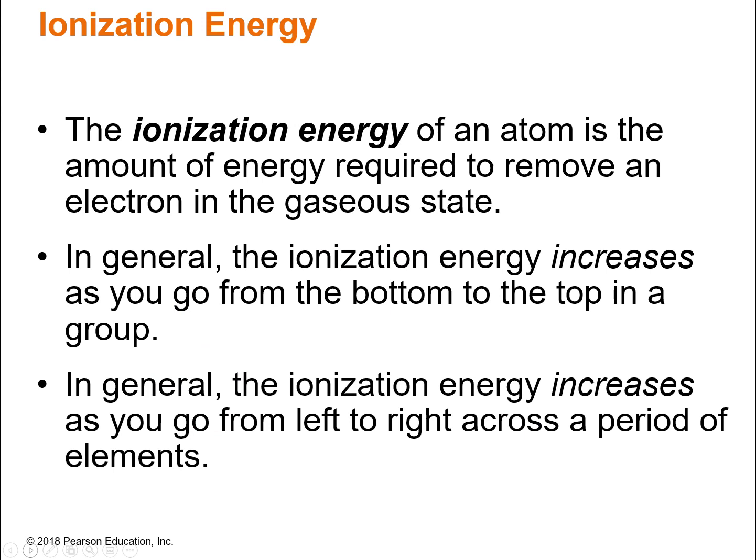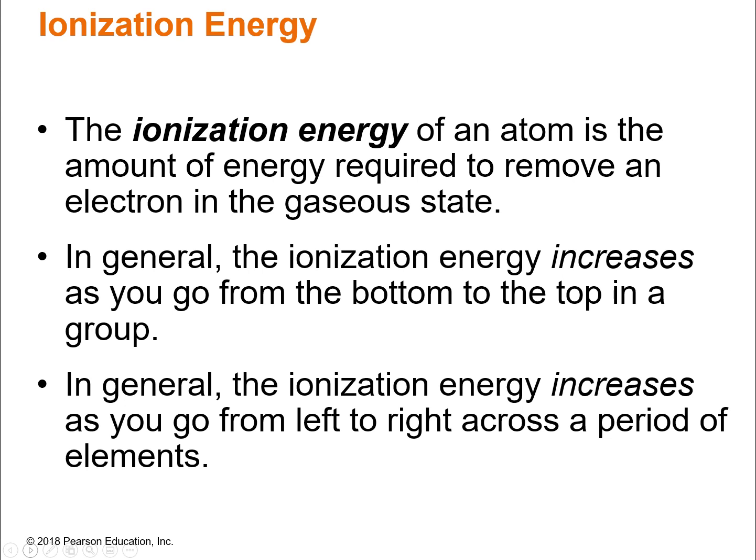So now that we've built up our understanding of the noble gas configuration and valence electrons, we can talk about the final trend for the periodic table that we're going to cover. And that's ionization energy.